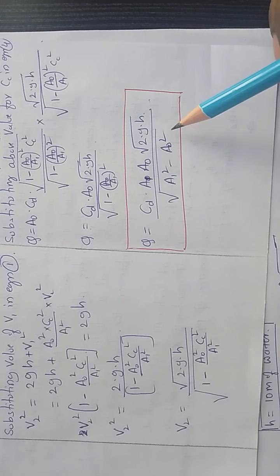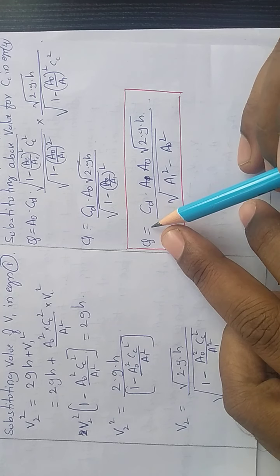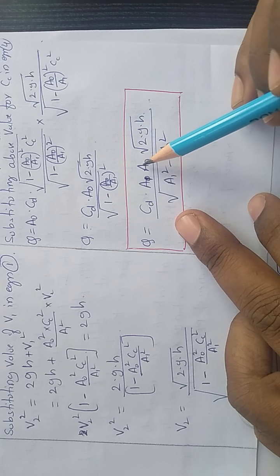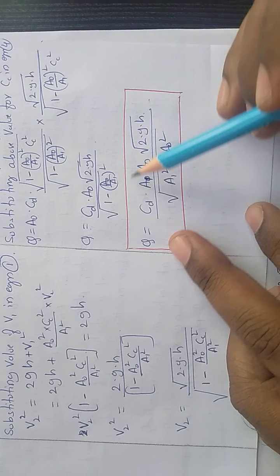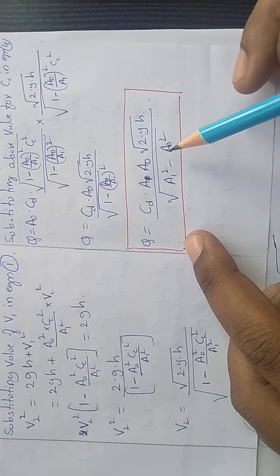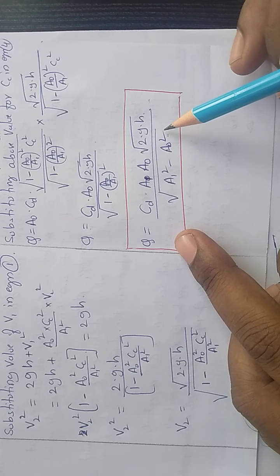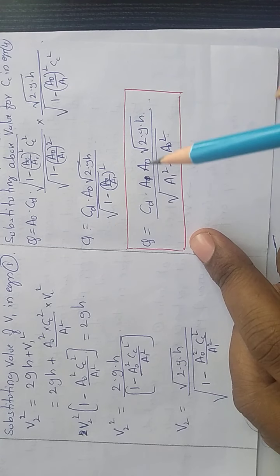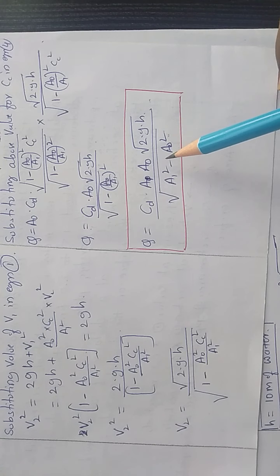Look here, the final expression: Q is equal to Cd into A1 into A0 into square root of 2gh, divided by the square root of A1 squared minus A0 squared. This expression of discharge for the orifice meter is the same as the discharge expression that we got in the Venturi meter. There is no change.